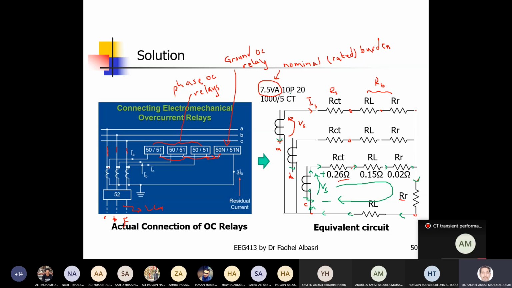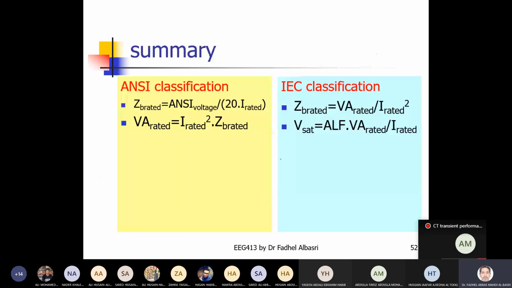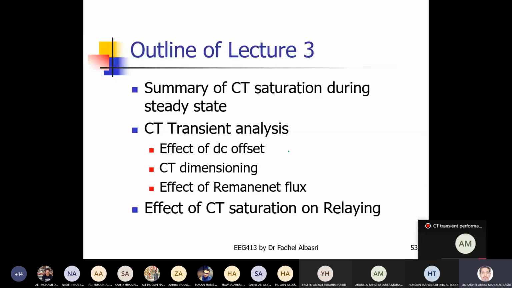If I exceed this 10%, the error will be excessive in terms of ratio errors, and as a result it won't be suitable. It will be rejected in this case. This is the summary.